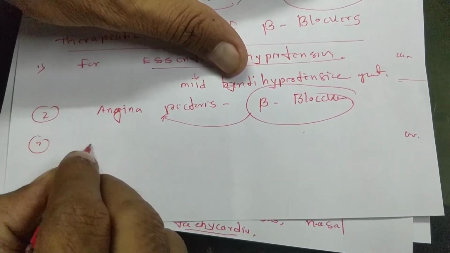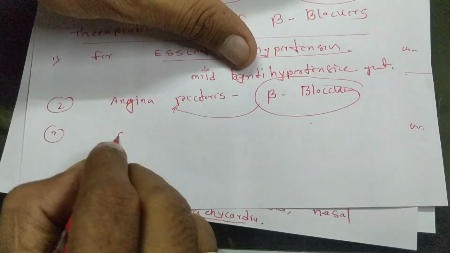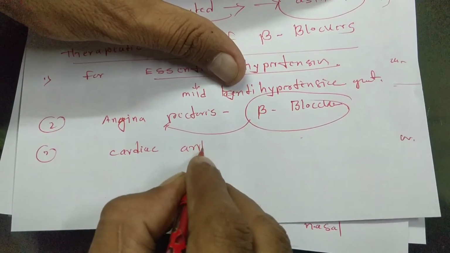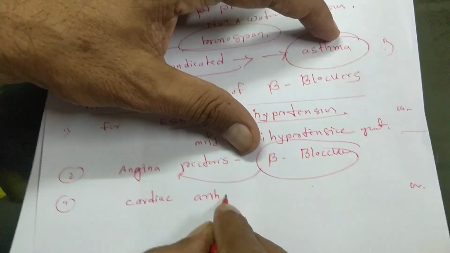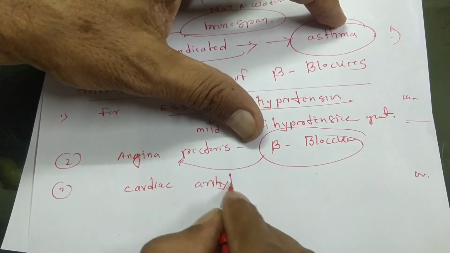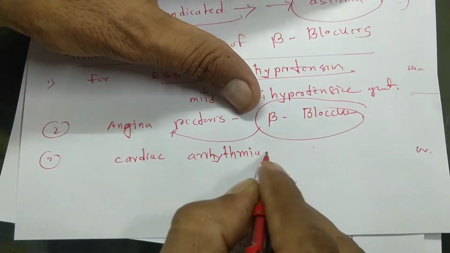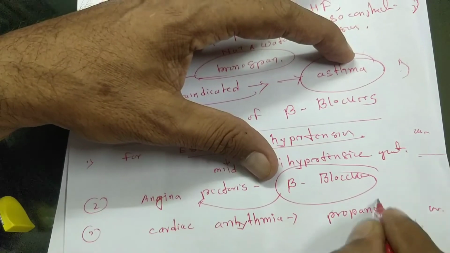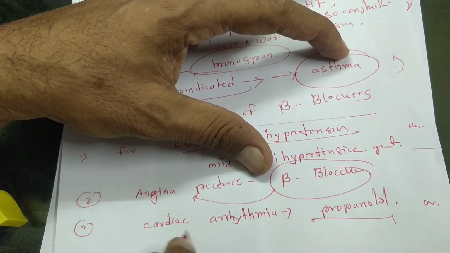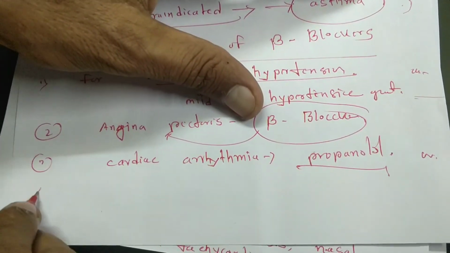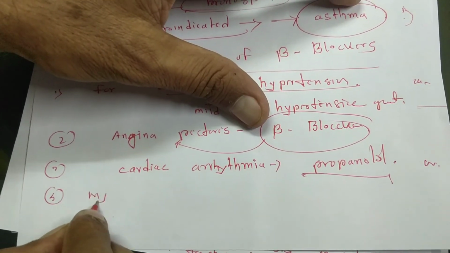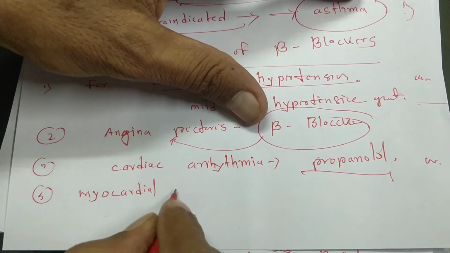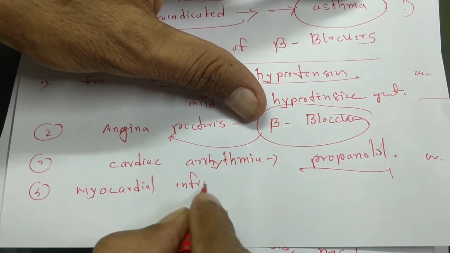Third, it is used in cardiac arrhythmia. Common example, propranolol, most common. It is used in the treatment of myocardial infarction.